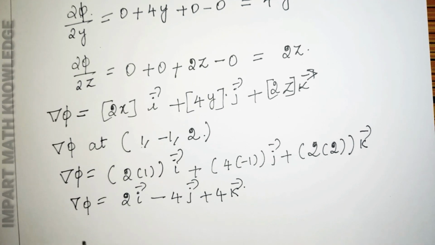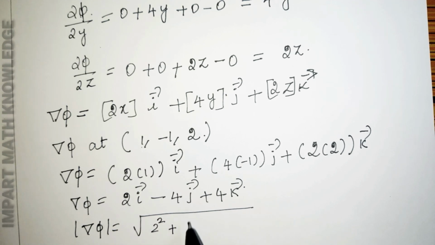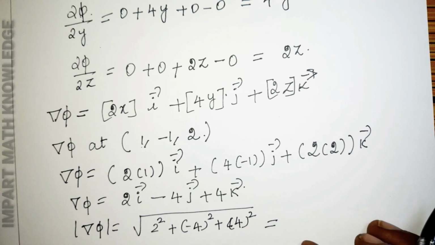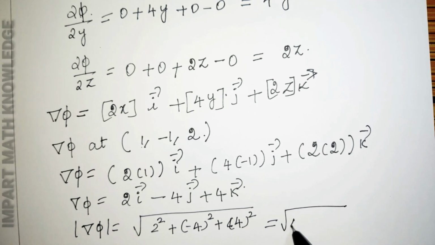Now modulus of del phi is square root of coefficient of i is 2, so 2 square, coefficient of j is minus 4, so minus 4 square, coefficient of k is 4, 4 square. So the value is 4 plus 16 plus 16.